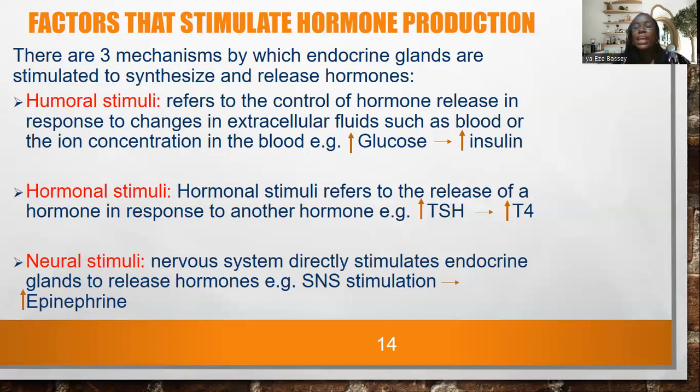And then lastly, we are looking at neural stimuli. This has to do with the nervous system, and you have the nervous system directly stimulating endocrine glands to release hormone. For instance, if you have a systemic nervous system stimulation for whatever reason, you could have a production of epinephrine, especially during a situation where you may need to fight or run away.